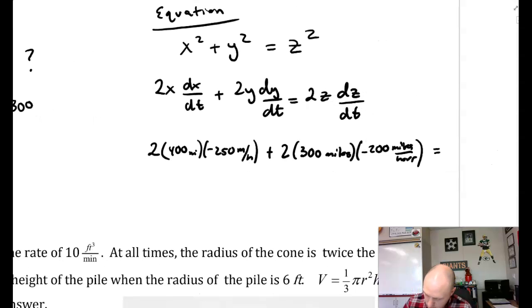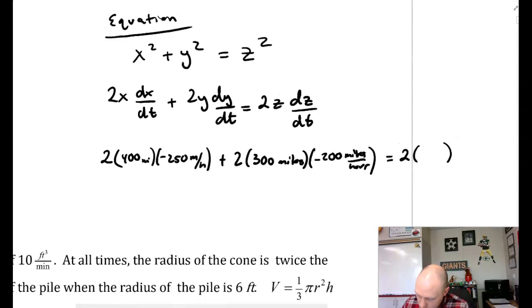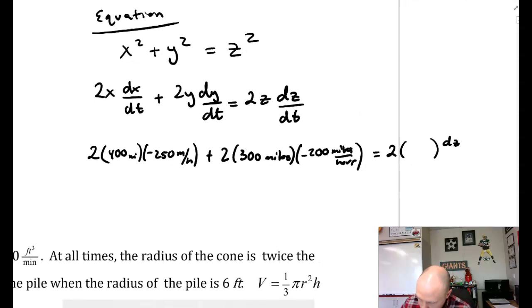This is equal to 2 times z, something I do not know. I'll find that in a moment. And again, dz/dt, that's what we're after.